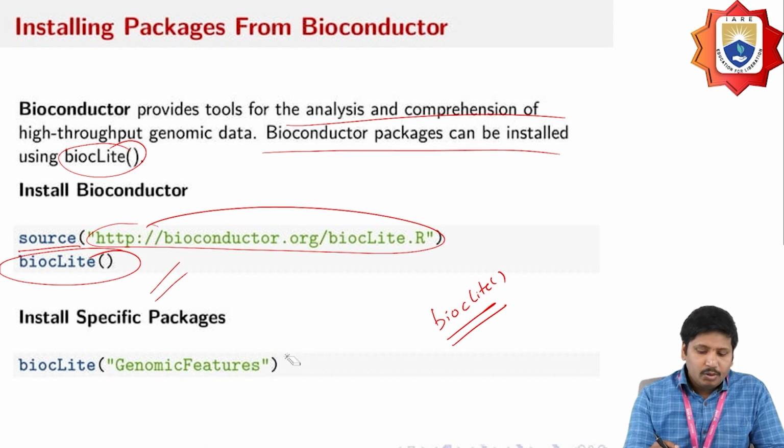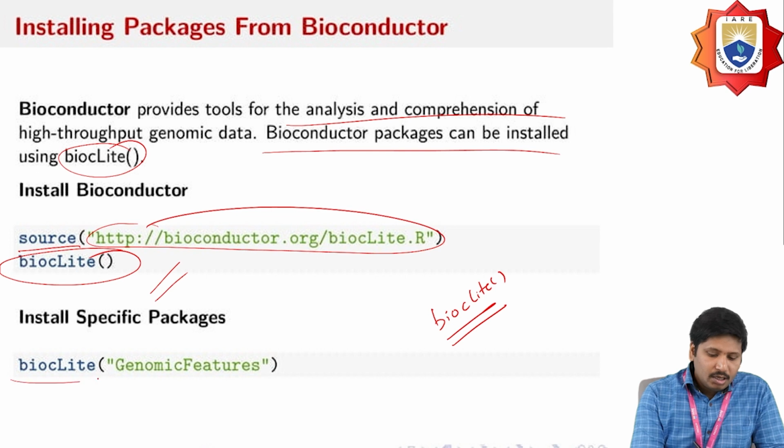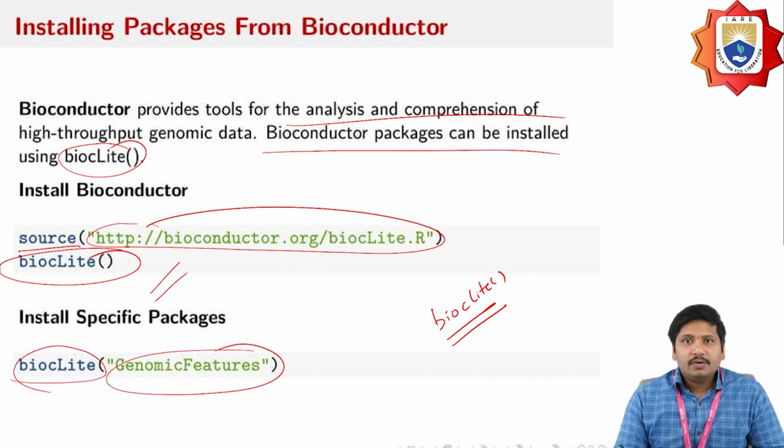How can we mention the specific packages? biocLite of GenomicFeatures. By making use of this GenomicFeatures, I can install the packages from it. So like this we install packages from Bioconductor.